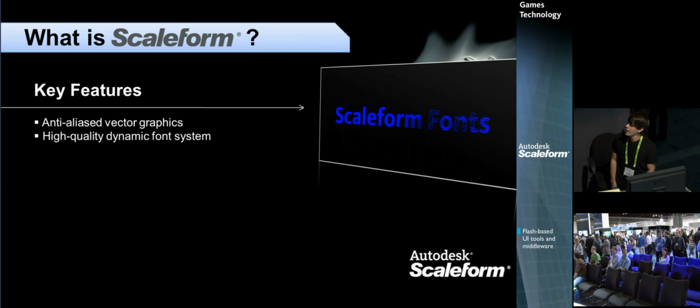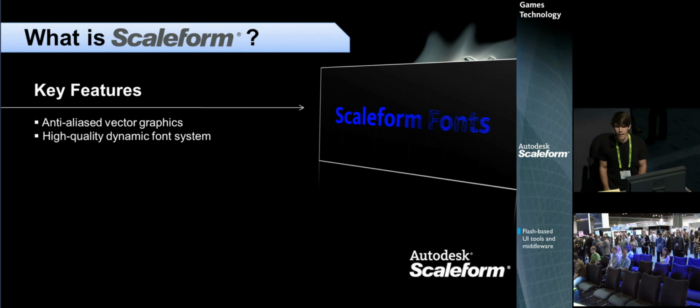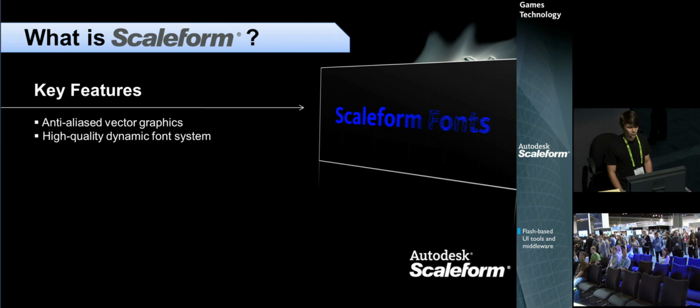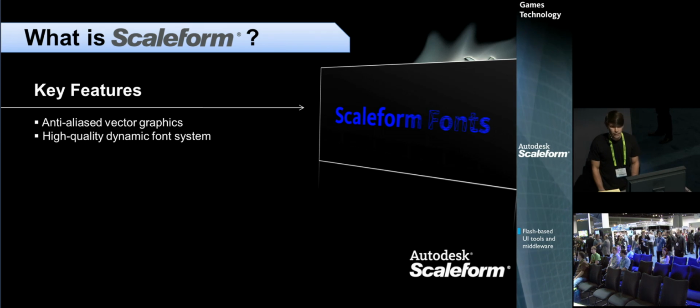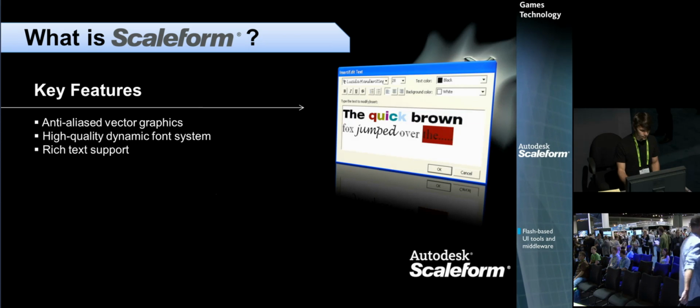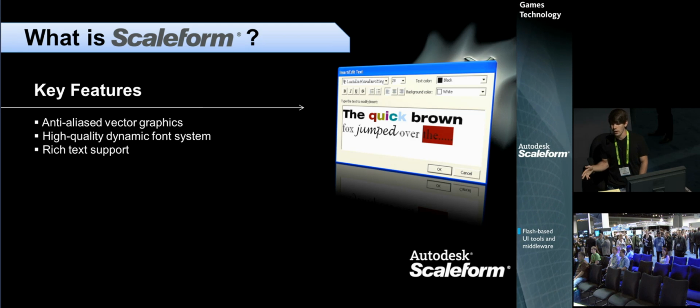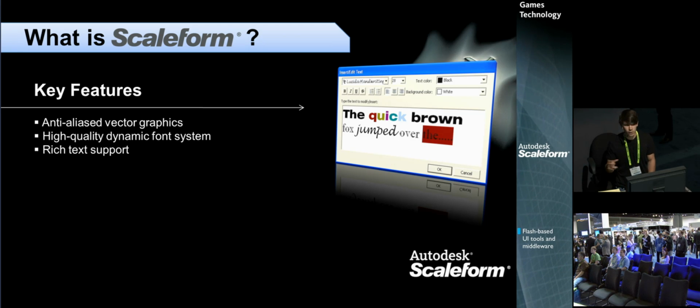Scaleform includes a dynamic font system that allows for both vector and bitmap-based fonts to be embedded in the SWF file or loaded at runtime. These fonts can be easily shared across Flash files to reduce the overall memory footprint. Scaleform also supports rich text, which allows developers to use multiple fonts in the same text field, or embedding images within text fields, or using HTML text.